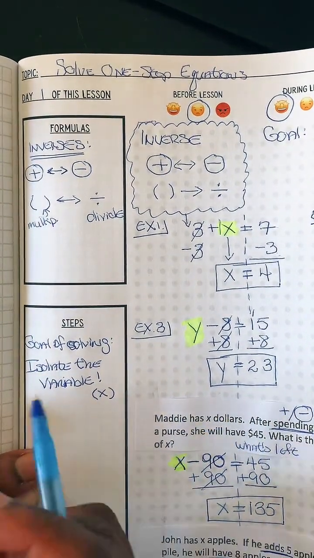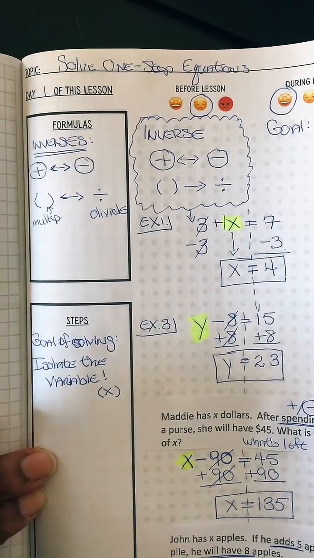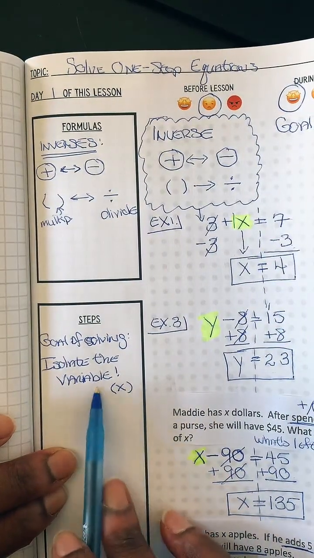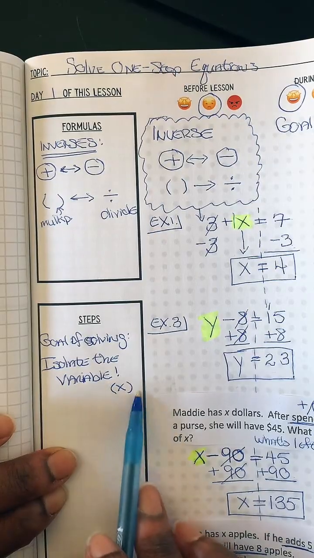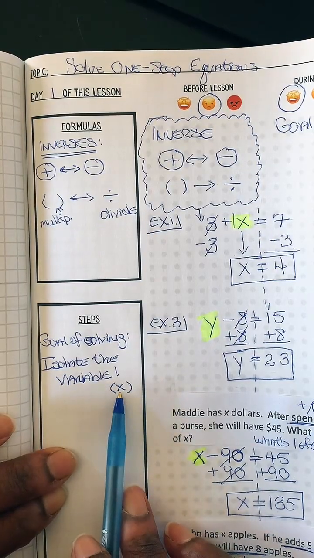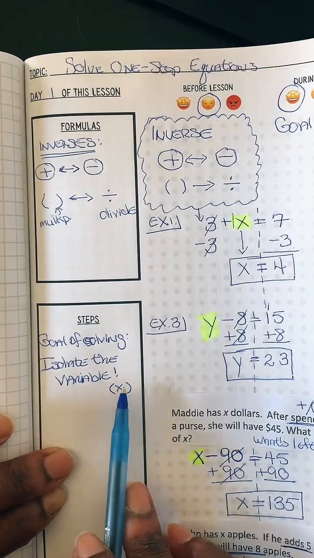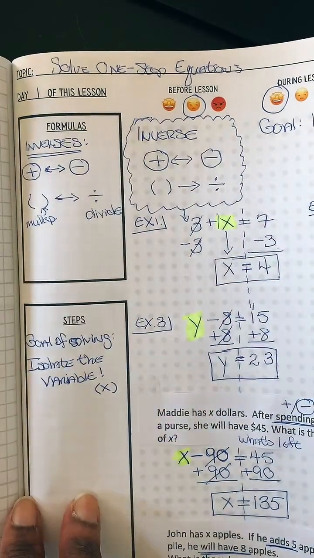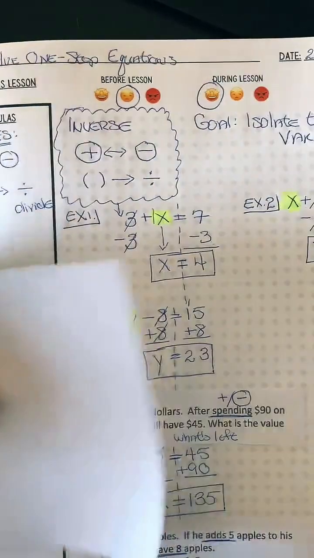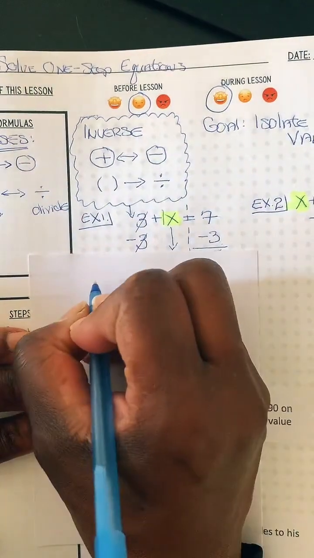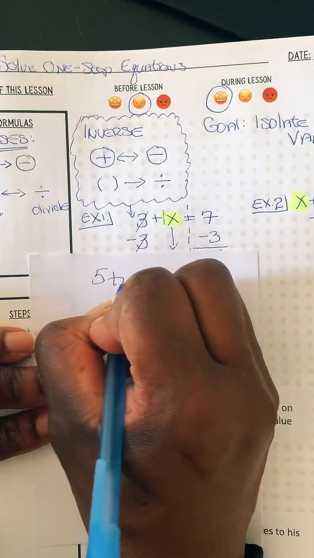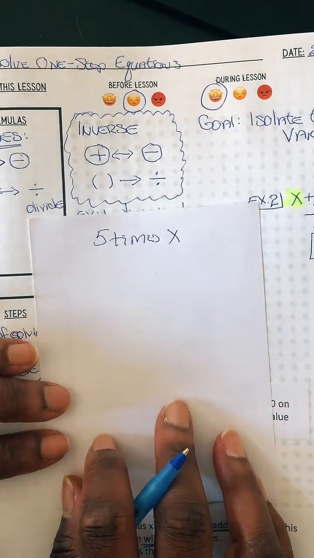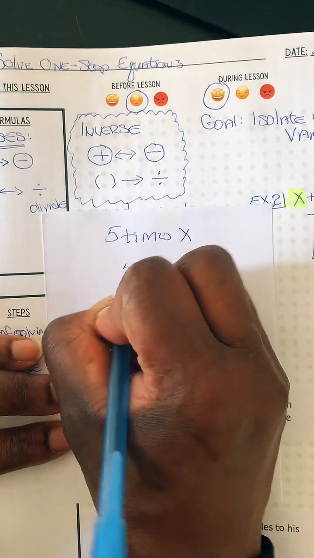Once you start merging from traditional arithmetic to algebra, this is the part that really is hard to train our kids. They don't understand that X no longer means multiplication. Because if I ask them to, and I'm just going to put this as a side note, if I ask kids to say, all right, if I say 5 times X, this is what I generally see in my classroom.